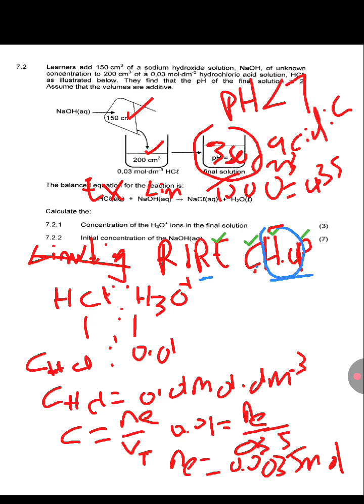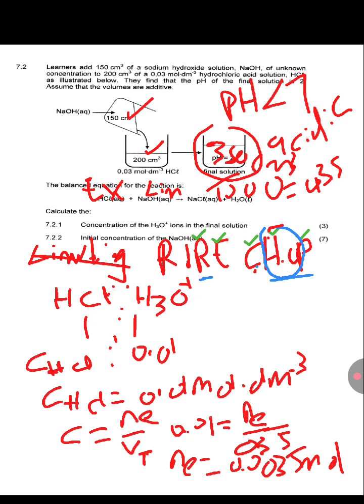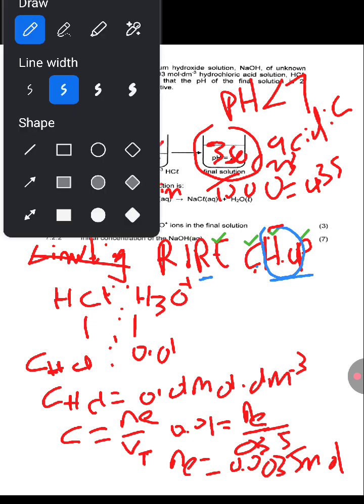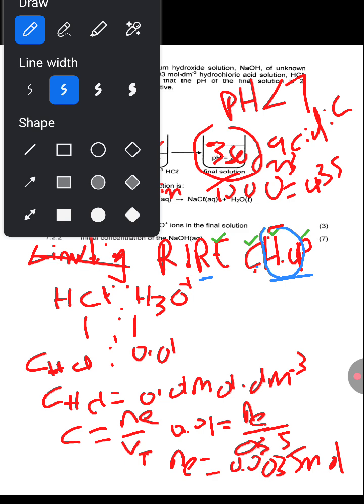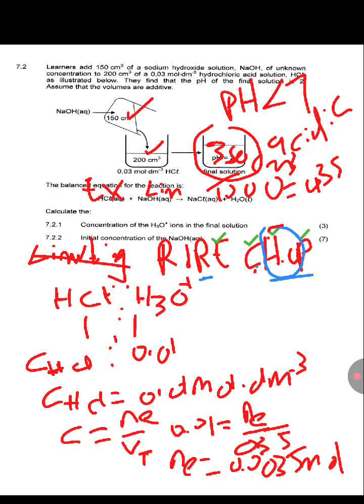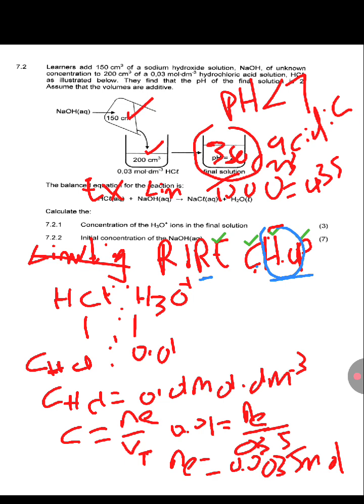Now, is it possible to get the reacted number of moles? I think the first one that you can get easily is the initial number of moles before the reacted, because we have the initial information.